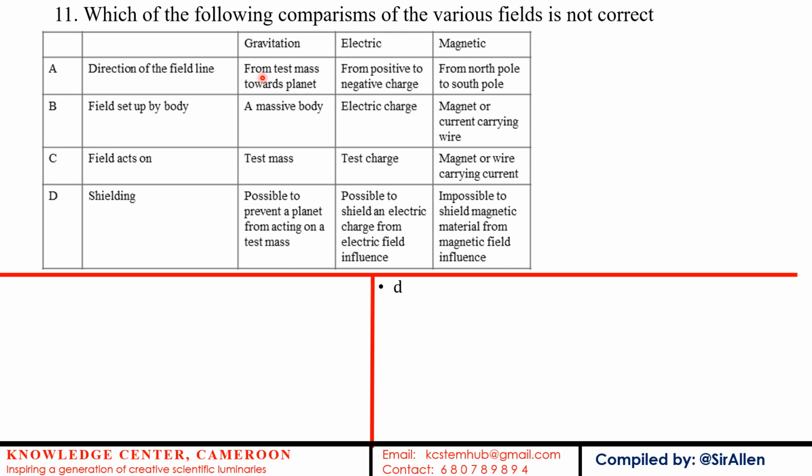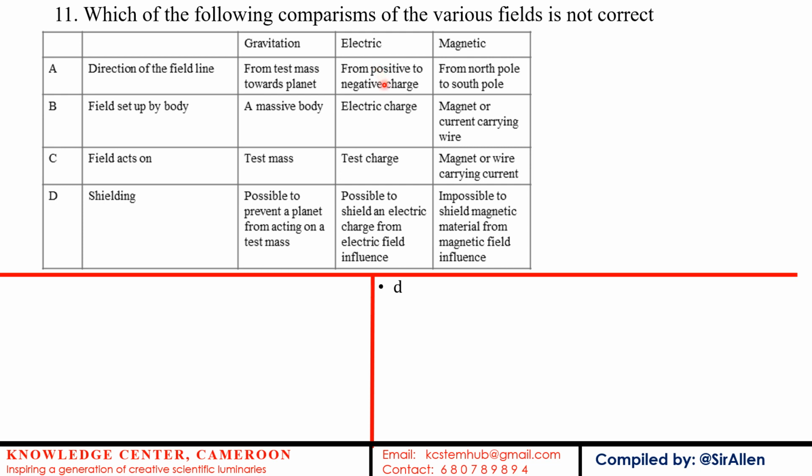Your weight acts on you, while the reaction force to your weight is not the normal reaction force. It is the gravitational force you exert on the earth. So that acts from the test mass towards the planet, correct.